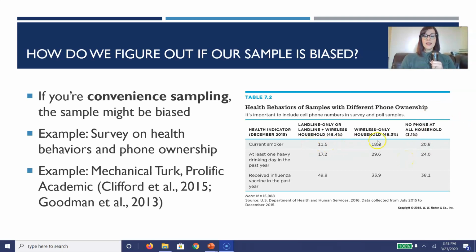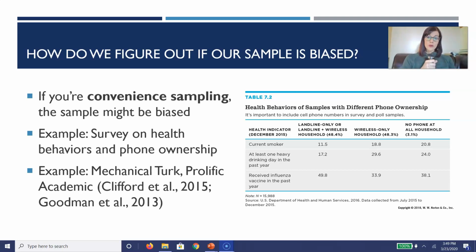So again, if we're only looking at people who are easy for us to get, we're not necessarily getting the full picture. You can see that we have a similar sort of thing with heavy drinking day. We see some differences between these groups, and the same is true for people who are actually getting the flu shot. So what this tells us is that if we're only considering people that have a landline, or only people who are wireless, we are not getting a full picture of the data.